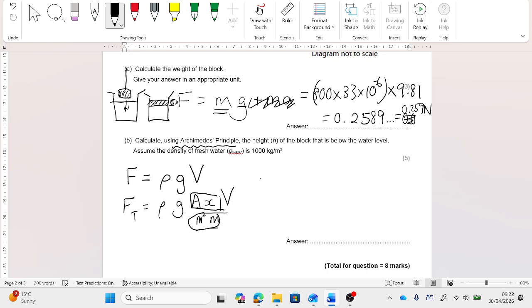In this case, the V is A times H, because that is how much the body is displaced or submerged into the water, and that equates to how much water gets displaced as well. So we have this formula then. I get rid of T because it's not a hydrostatic thrust. So we just work out force, and that is 0.259.